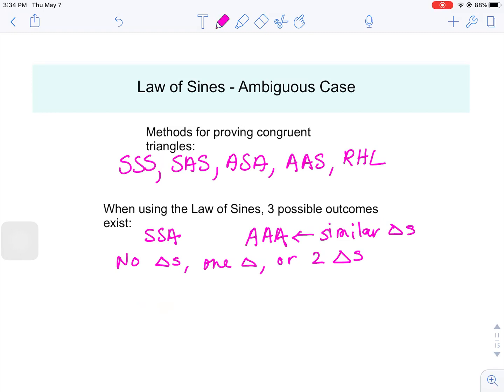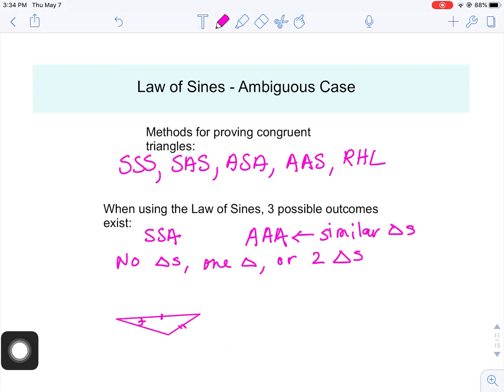So if I have a side and I have this angle here, and I know that this angle has to be fixed, and I'm told what that length has to be, and I'm also told what that length has to be, it's possible that I can create a second triangle by spinning this side outward.